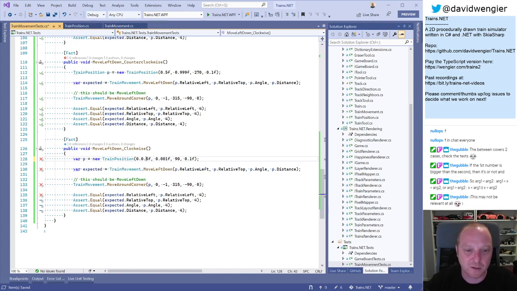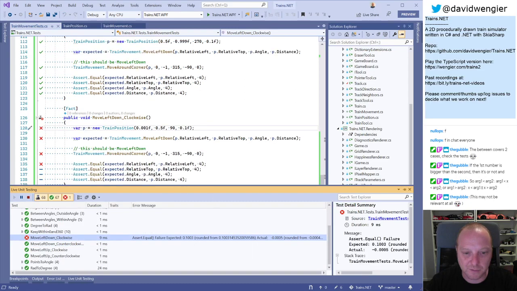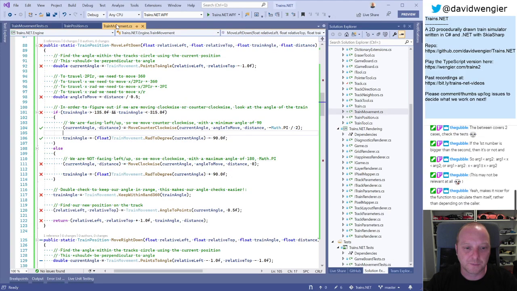So that's 0.01. That's 0.5. And what's the actual failure? No, still negative. Okay, so move left down clockwise.